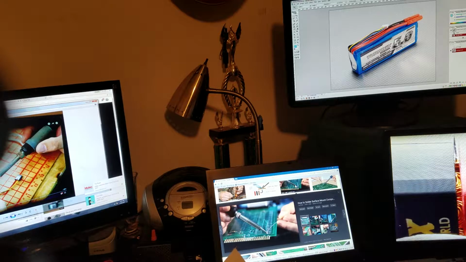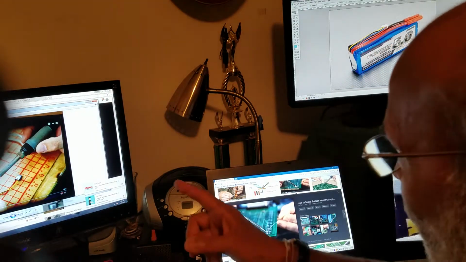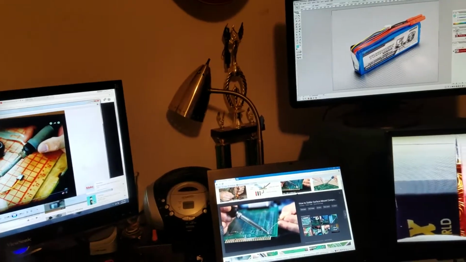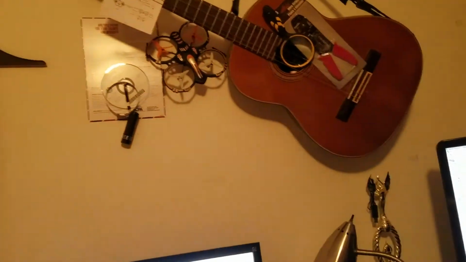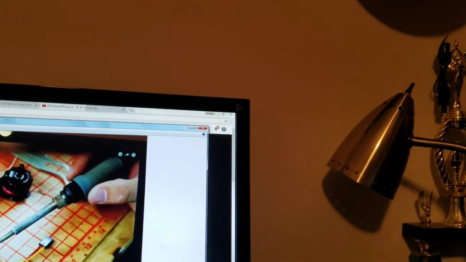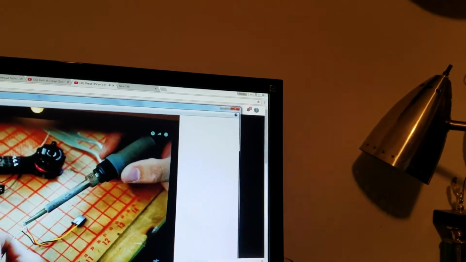What I would say is, on the list of stuff, if you think about what we want to put together, before I even go into that, let's talk about the soldering part. I am going to bring out a few pictures here. This one, that's a picture where somebody is doing soldering.